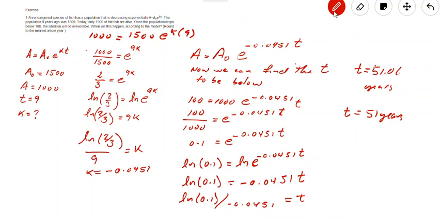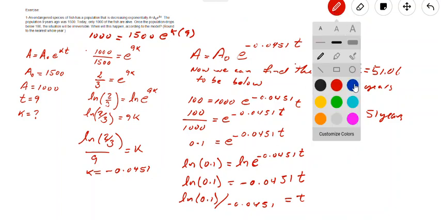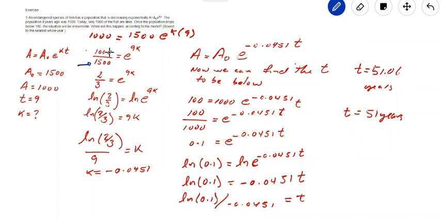First, divide by 1,500 on both sides, so you get 1,000 over 1,500. This is the same as 2/3, okay? So you have 2/3 equals e to the power of 9k.